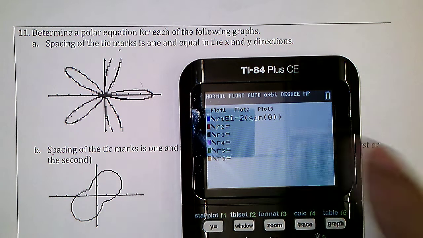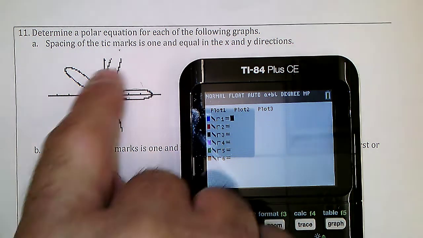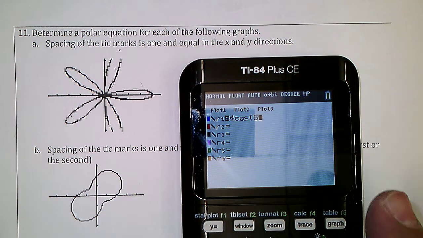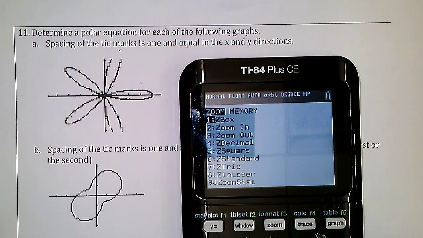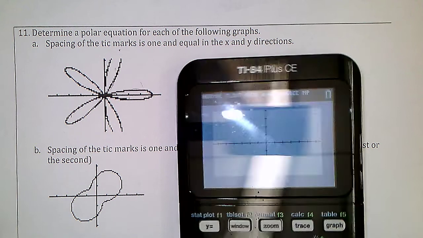So I'm in polar mode, clear, and it looks like I'm not working off a circle. It's going from a positive 4, so I'm going to go 4. It looks like it's starting out all the way, so I'm going to use cosine, and I'm going to guess 5 theta. Zoom decimal, and let's see what happens here.